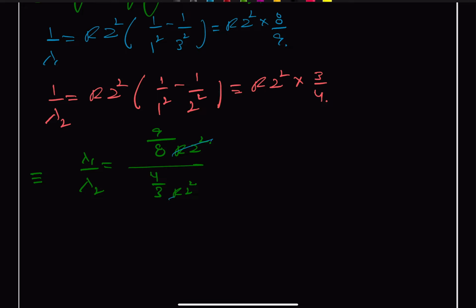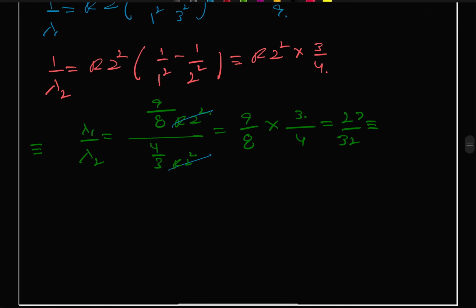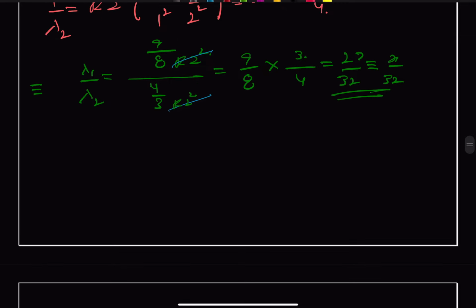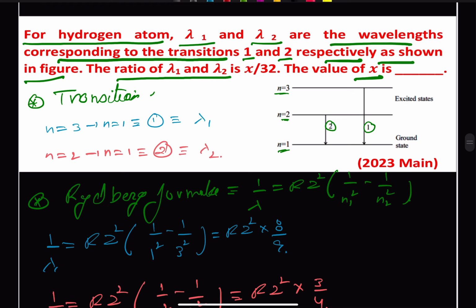So here R Z square cancels out. This comes as 9/8 multiplied by 4/3, and this comes as 3/8... so this will be equal to 27 upon 32. But this ratio is given to us as x upon 32. So this gives us that the value of x is equal to 27. So the value of x is 27.